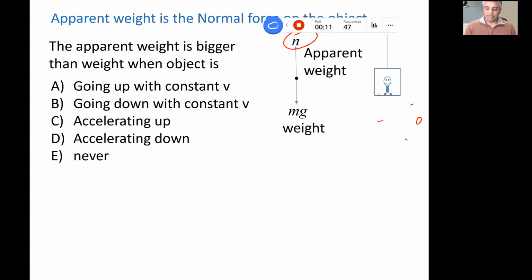So you have a minute. Maybe you want to write down the equation with N, mg, and maybe acceleration or no acceleration. Thirty more seconds.